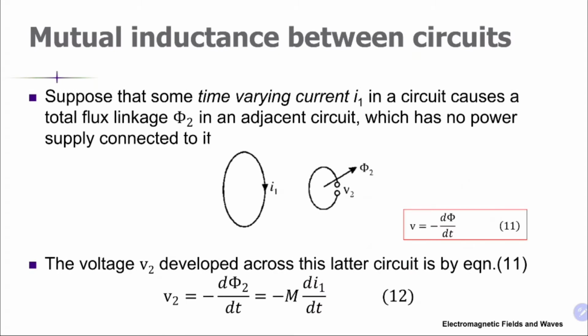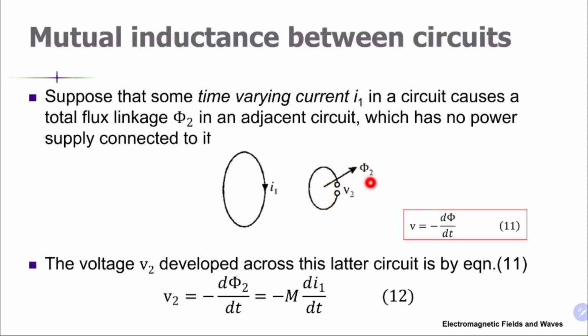Mutual inductance between circuits. Suppose that some time-varying current I1 in a circuit causes a total flux linkage in the adjacent circuit, which has no power supply connected to it. So we have a current I1 that generates a flux that links to circuit 2.